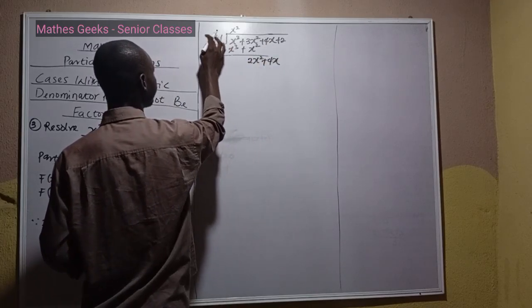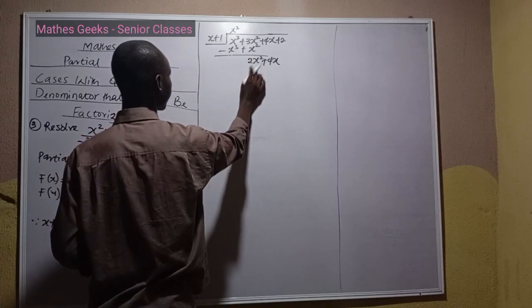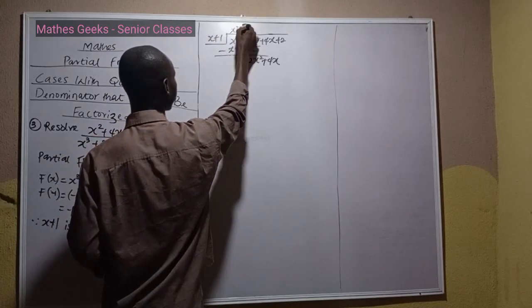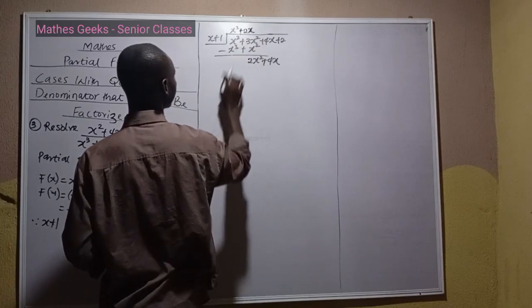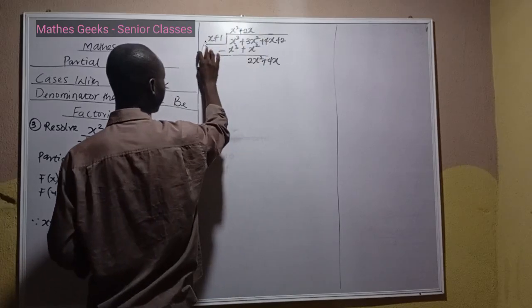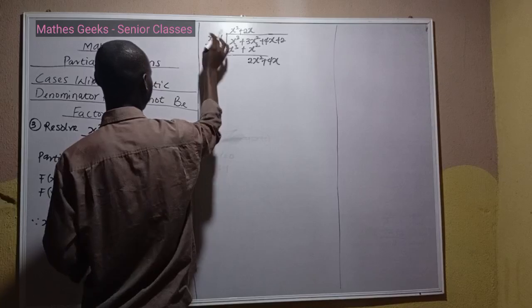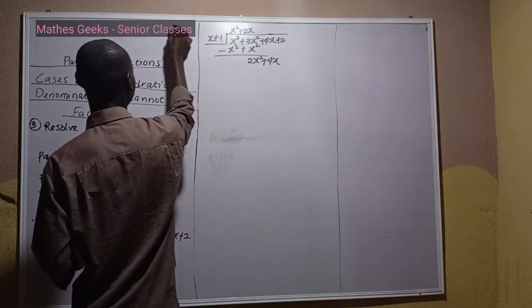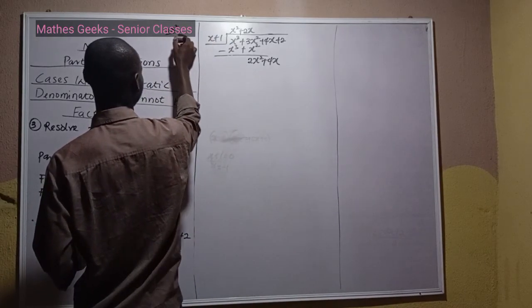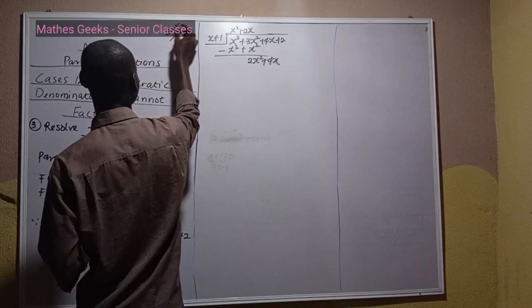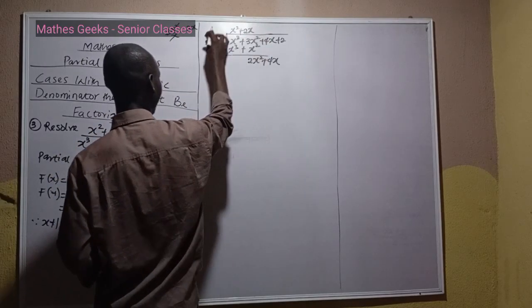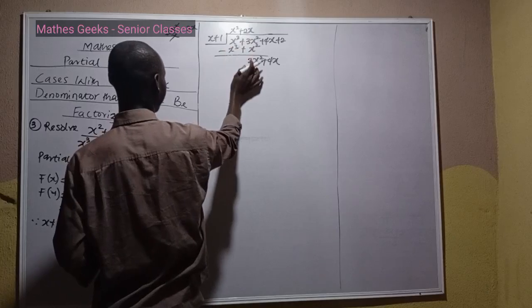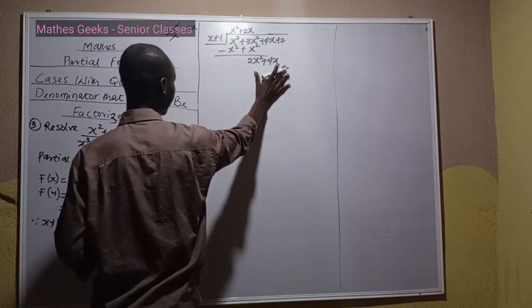Now x into 2x squared: 2x squared divided by x, the x will cancel, leaving 2x. So put 2x here, then use this 2x to multiply x first, then multiply 1, and put them here.